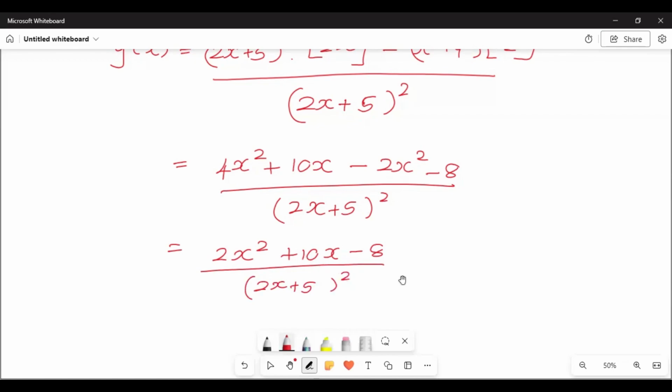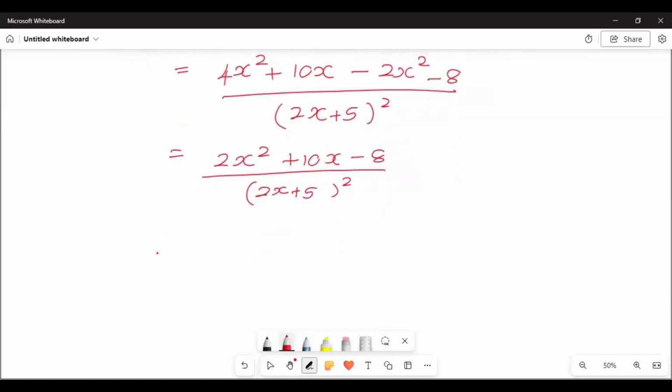So I think maybe we can have a factor solution. Okay, let's try: 2 times x to the power of 2 plus 5x minus 4. No, I don't think so.